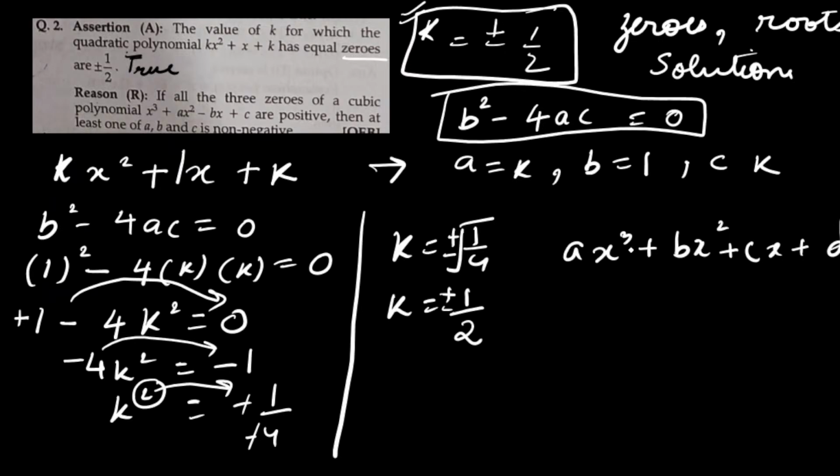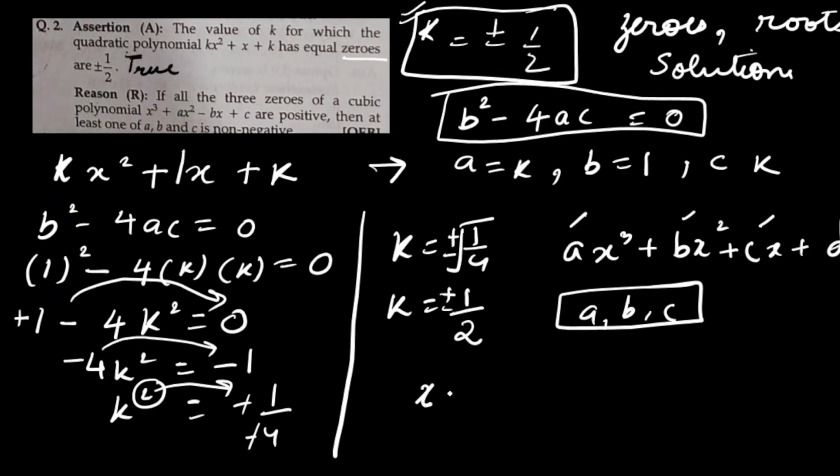So they are telling that if all the zeros, meaning solutions, are positive, then at least one of these coefficients a, b, c is non-negative. Non-negative means it should be positive. So you have to always remember this. I'll explain from a quadratic equation, one general thing.